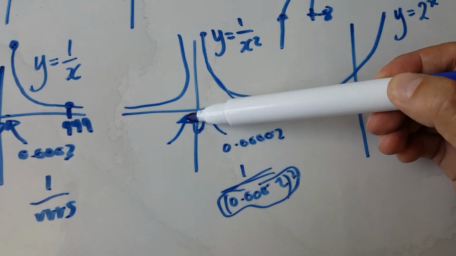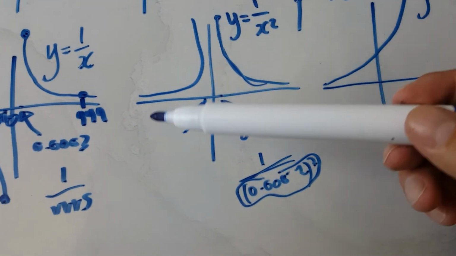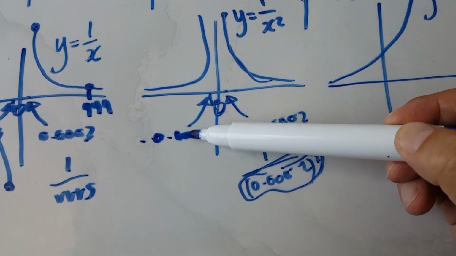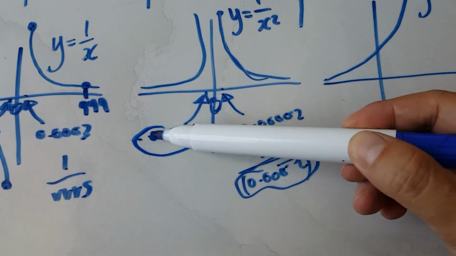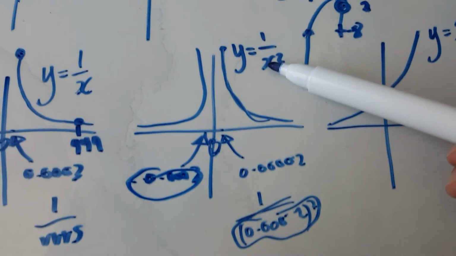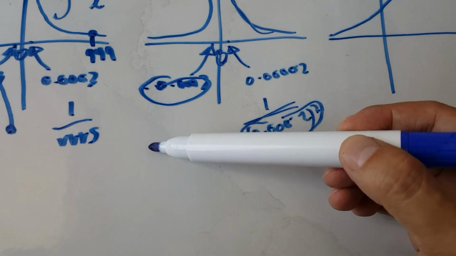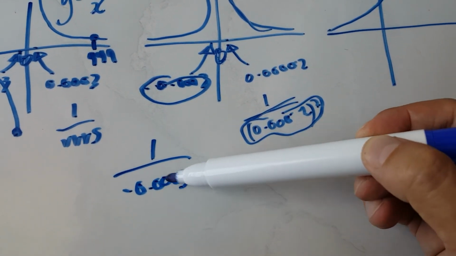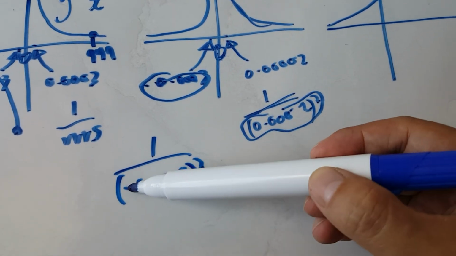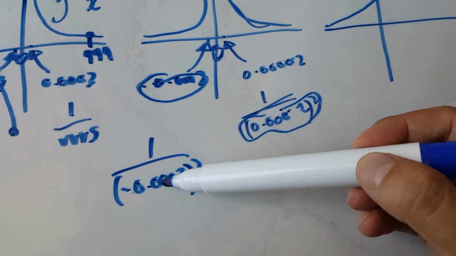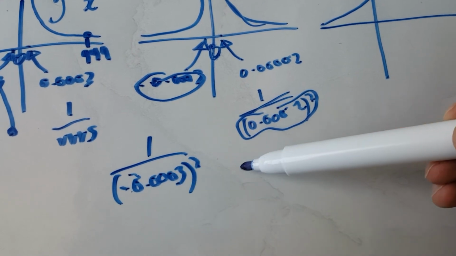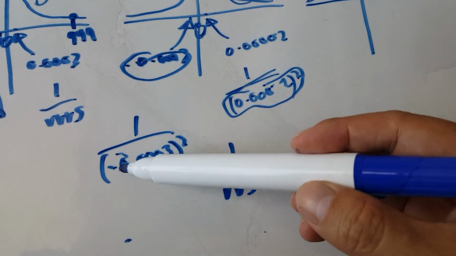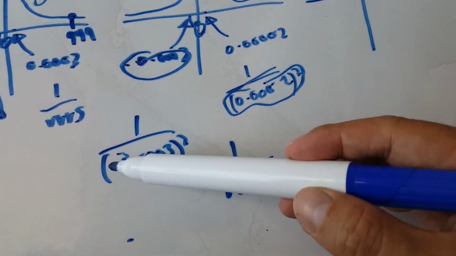Because if you look at the left-hand side, if you select, let's say, negative 0.00003, put this number into x squared here, it will look like this. 1 over negative 0.00003, and then you've got to square it. Now then, the negative is inside the brackets, so when you square it, it will become a very, very, very small number, and the negative disappears because you're squaring a negative.